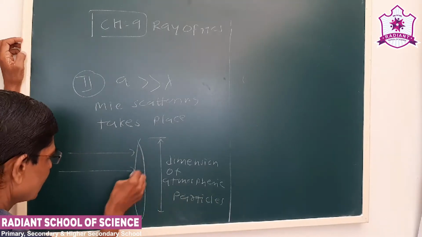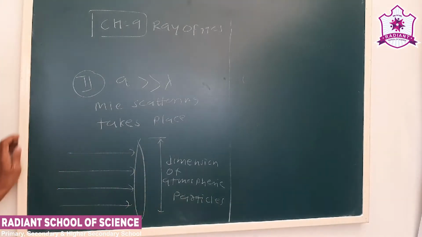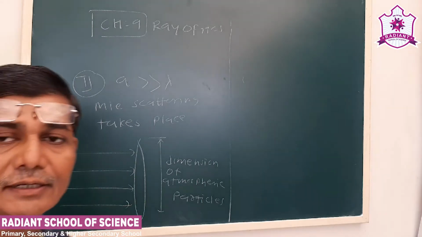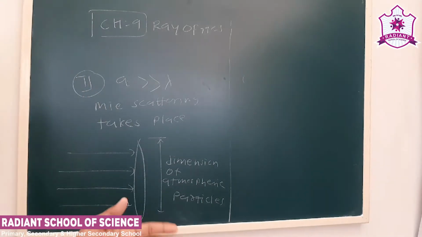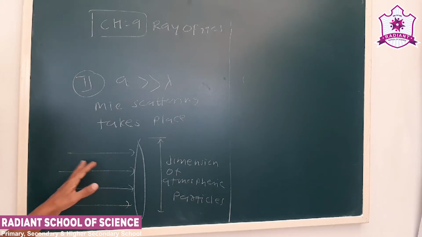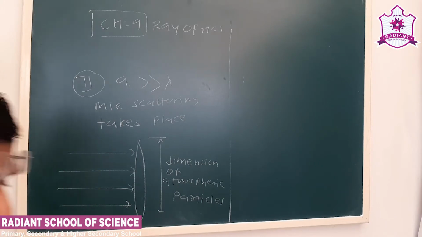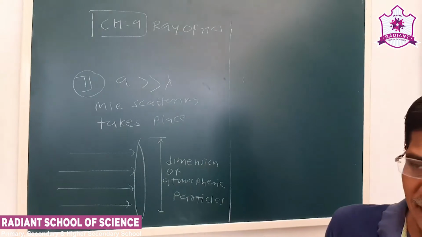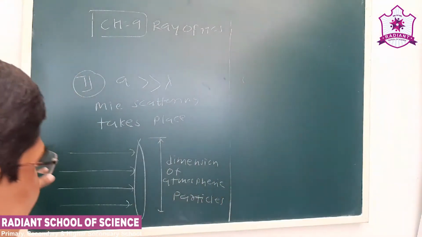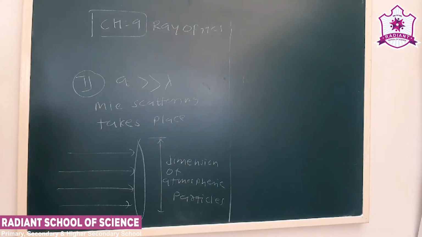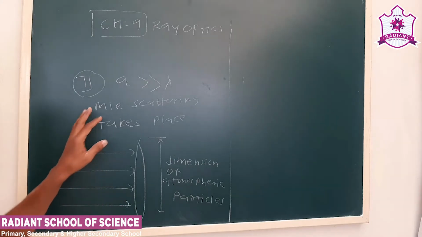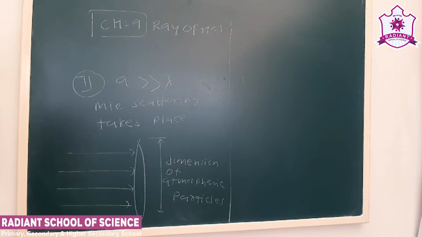Where the size of the atmospheric particle is maximum, all the light falling on the atmospheric particle is reflected. So all 7 colors of the white light combined are reflected. We know white light is made up of 7 colors. All 7 colors collectively are reflected, that's why the total white light is reflected. In that case Mie scattering takes place.